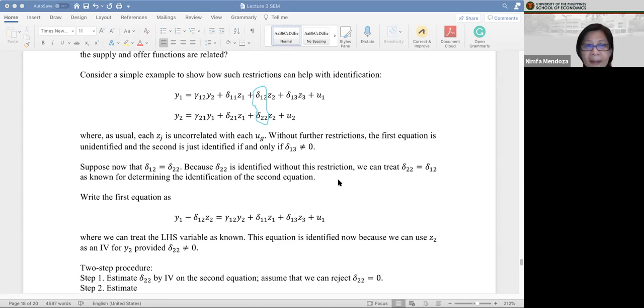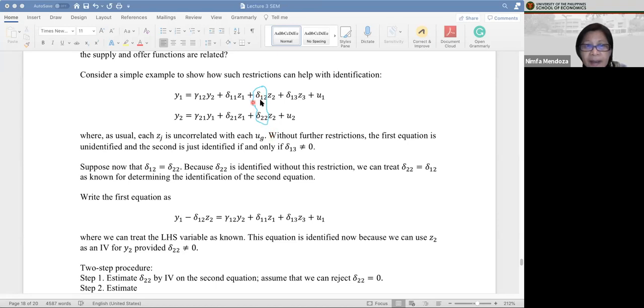Because delta sub 2,2 is identified without restrictions, we can treat delta sub 2,2, which is equal to delta sub 1,2, as known for determining the identification of the first equation.